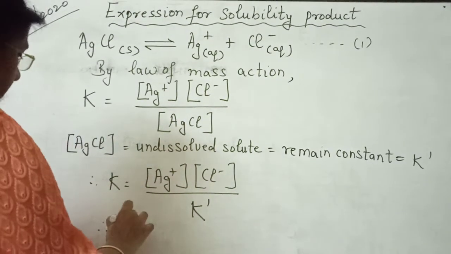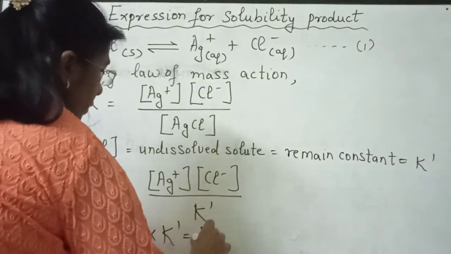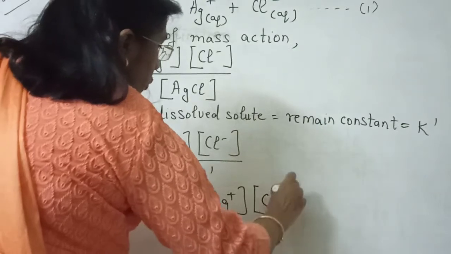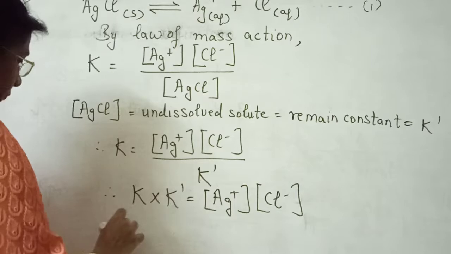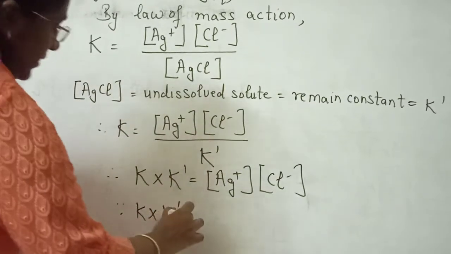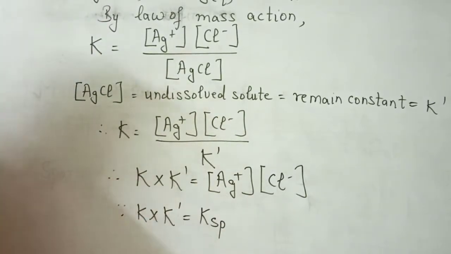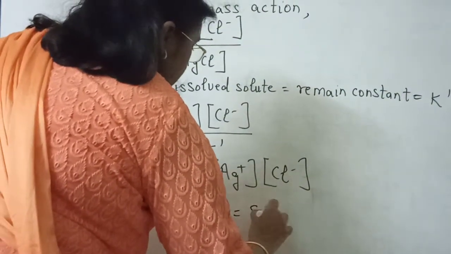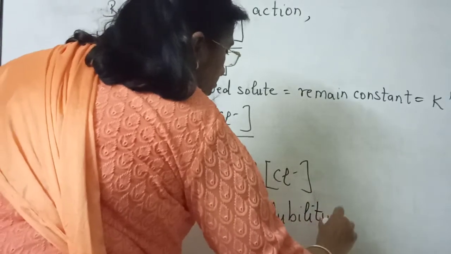Let us rearrange this equation. Therefore, K into K dash is equal to concentration of Ag plus into concentration of Cl minus. If the product of two constants K and K dash are taken, they can be written as Ksp, which itself is called solubility product.